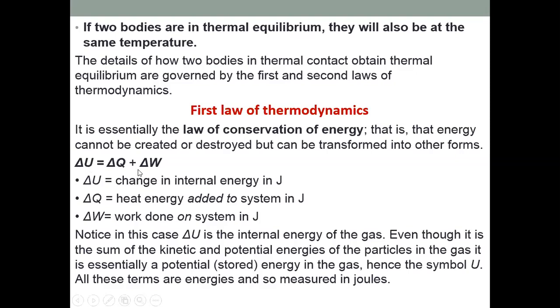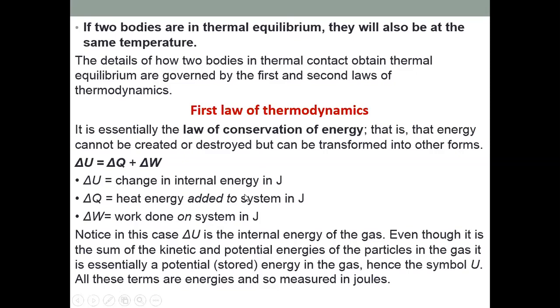So the total energy is going to be equal to the heat energy plus the work done on the system. The work done on the system is going to give us the internal energy of the body.